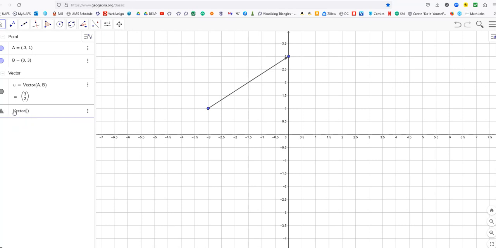We can enter them by coordinates, like say we go from the point 1, 1, the initial point, to the point 4, 3, for example. And notice it starts at the point 1, 1 and ends at the point 4, 3. And that is the vector 3, 2: to the right 3 and up 2.